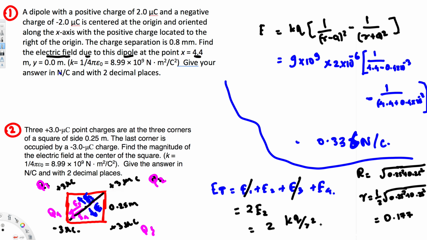Okay, now we can go ahead and plug it in this equation. We need some space, so let's write this value right here, 0.177, and let's do the calculation right here.